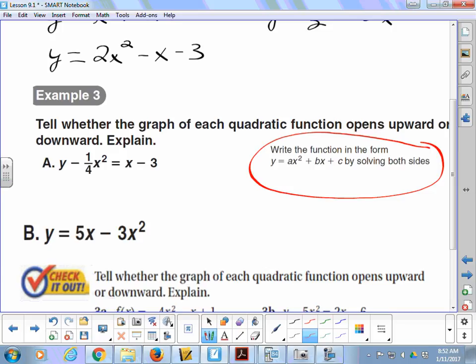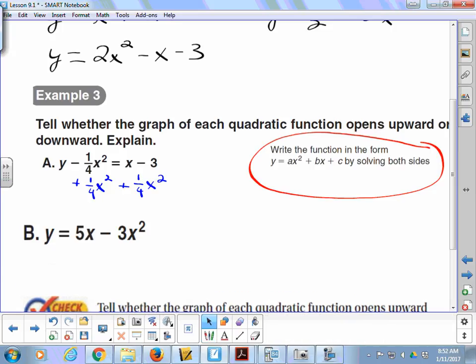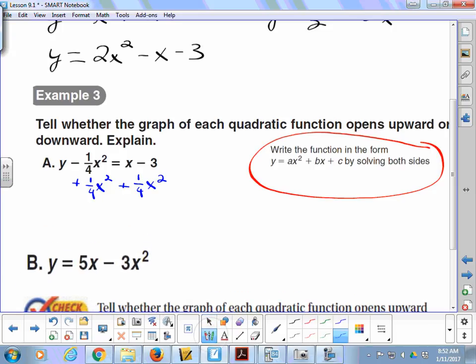Emma, what do we do? Okay, good. Yep. We're going to add 1/4 x squared to both sides. So we get y equals 1/4 x squared plus x minus 3. My concern is the value of a.